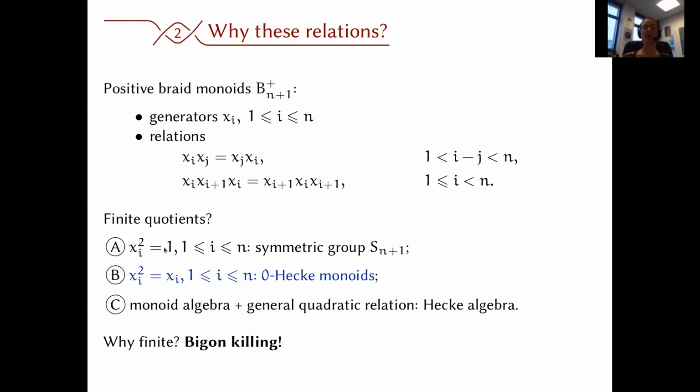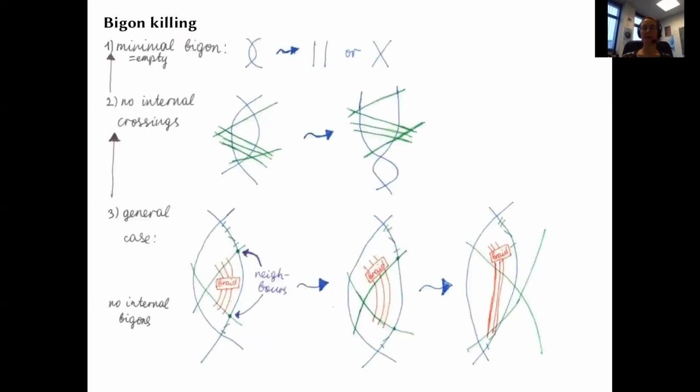If you want to prove that the monoid with these two relations plus the idempotence or the involutive one is finite, you need to do some bigon killing. So I was too lazy to draw it properly, so it will be handwritten. I will explain it step by step.